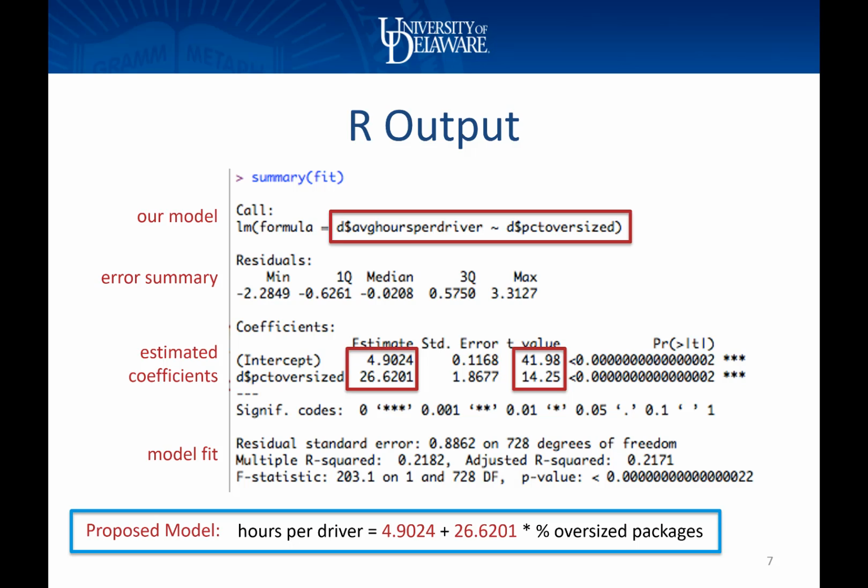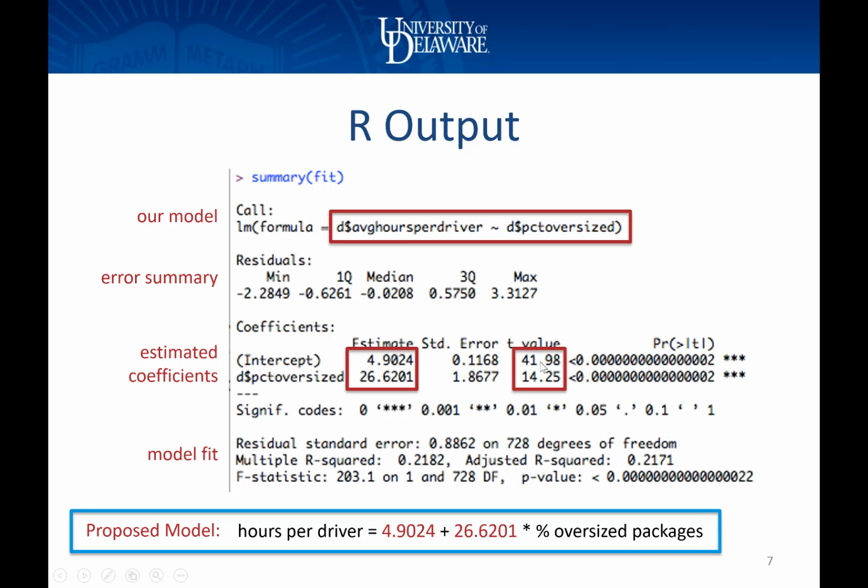Look here at the t-value. What's happening in this box is that the test statistic is constructed for us. Here we have the estimate, and here we have the standard error. And when we put 4.9 over 0.1168, we get a value of 41.98.